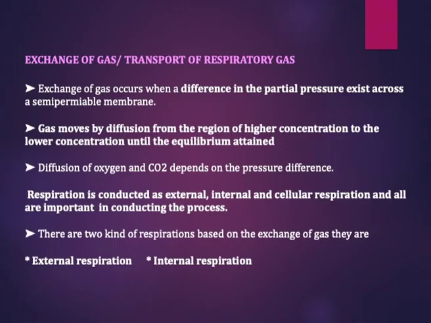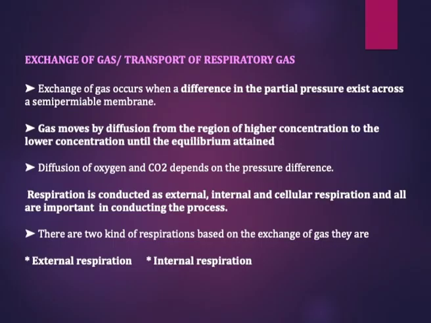Gas moves by diffusion from the region of higher concentration to the region of lower concentration until equilibrium is attained. The diffusion of oxygen and carbon dioxide depends upon the pressure gradients or pressure difference. The respiration is conducted as external, internal and cellular respirations, and these three steps are very important for attaining the final purpose of respiration.